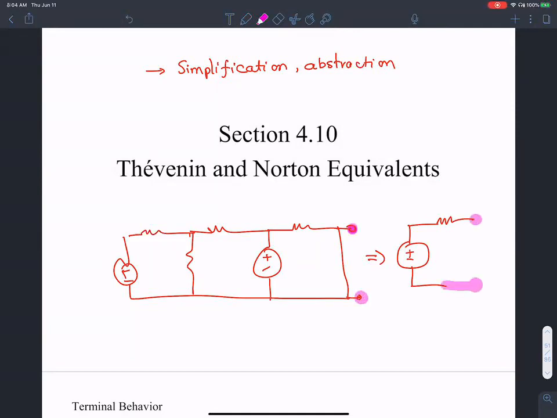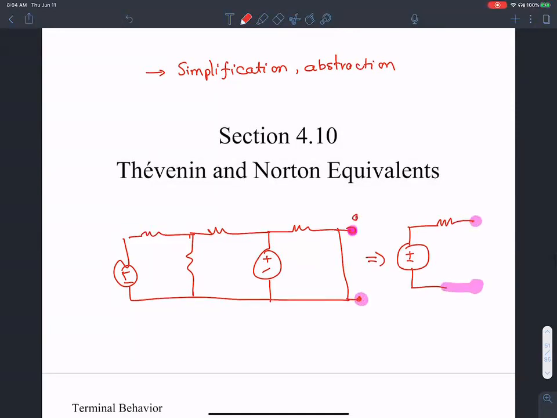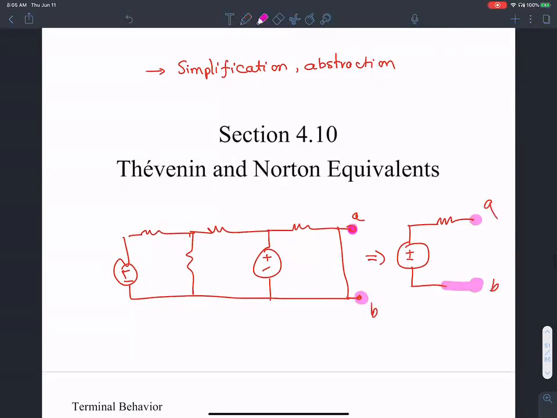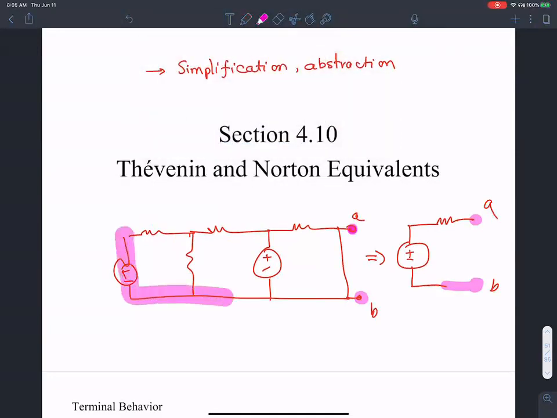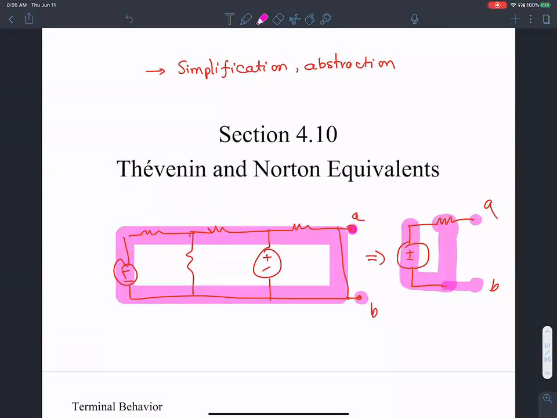So to the left of these terminals, A and B, the argument is that all of this circuit behaves exactly the same as all of this circuit.